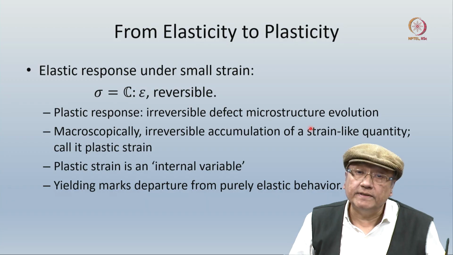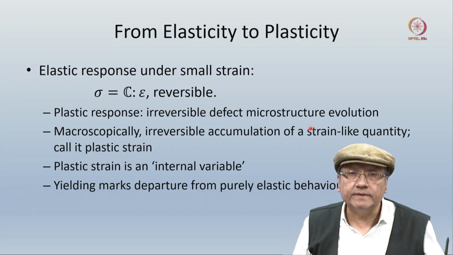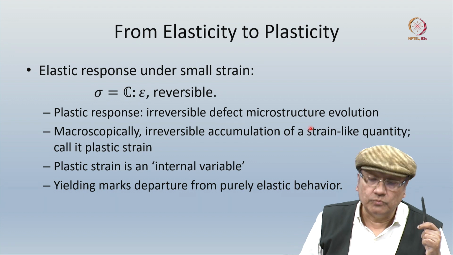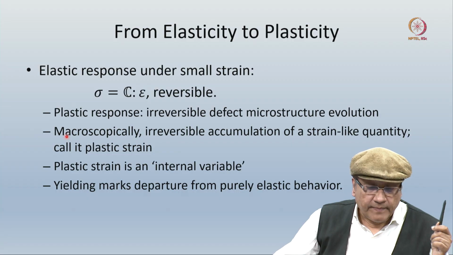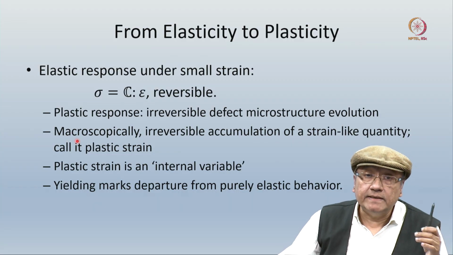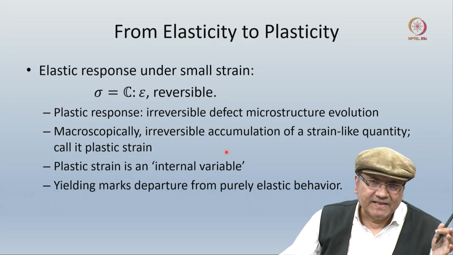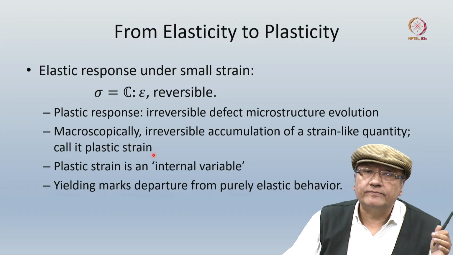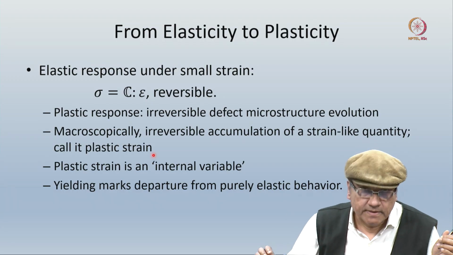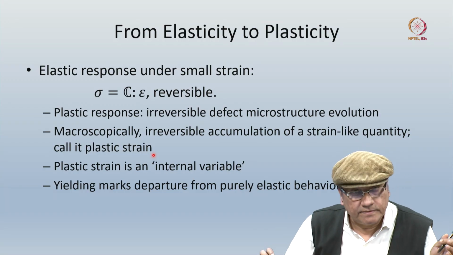Plastic response on the other hand has a major irreversible component, right, because the defect microstructure moves, evolves. And so, macroscopically what we see as plastic deformation is possibly something like a strain like quantity, we can call it plastic strain. For example, you remove all the forces and then you will see some permanent deformation of the solid, right.